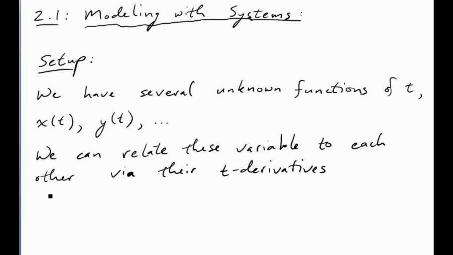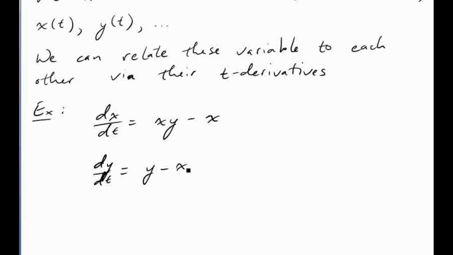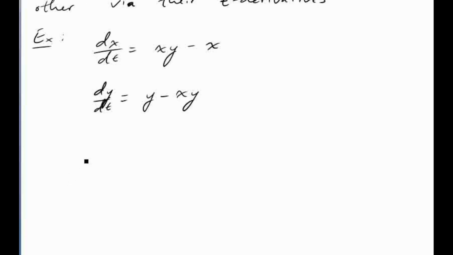And so then what that could look like is, for example, something like this. Maybe we have dx/dt is equal to xy minus x, something like that. And dy/dt is equal to maybe y minus xy, something like that. So this is what, generally speaking, a system of differential equations looks like.